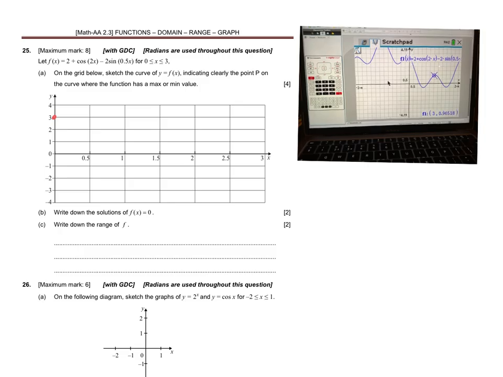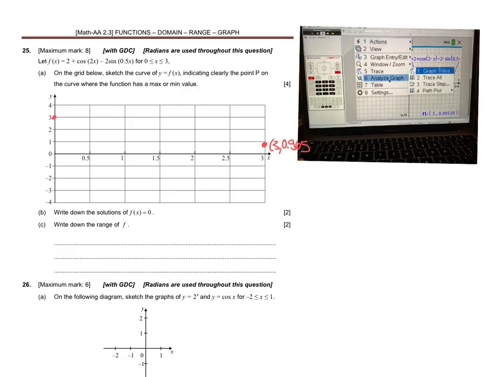That's 3.965. Okay, next we want to do the maximum, or well, okay, you see the maximum is actually before 0. So we just want the minimum.